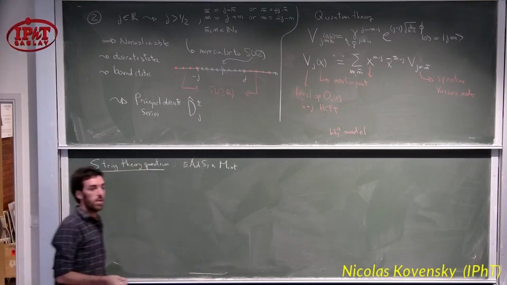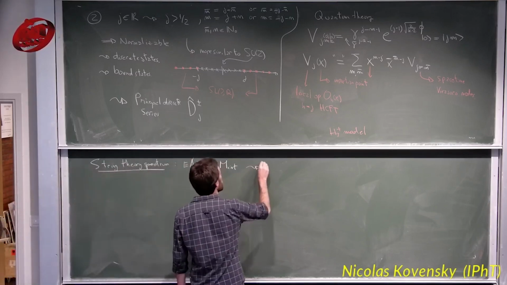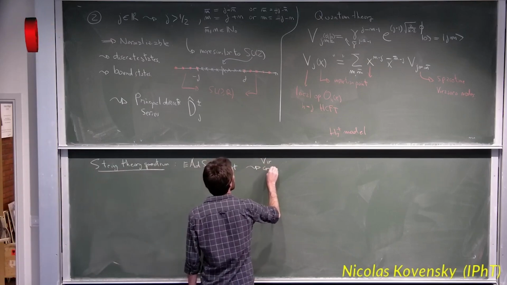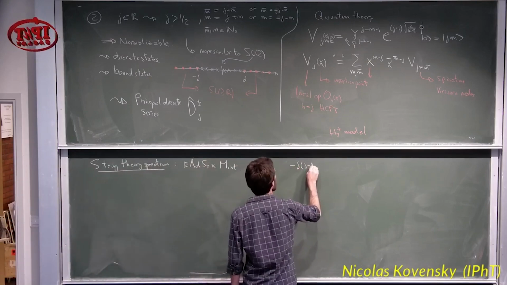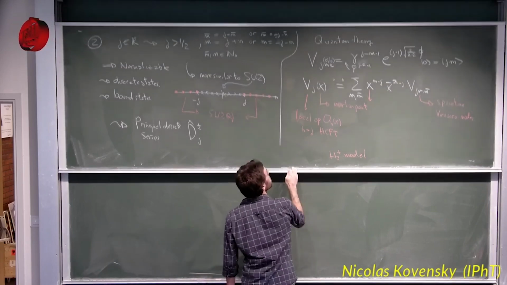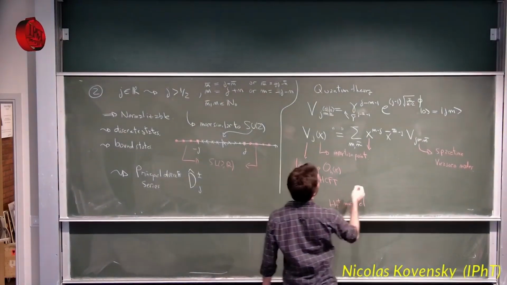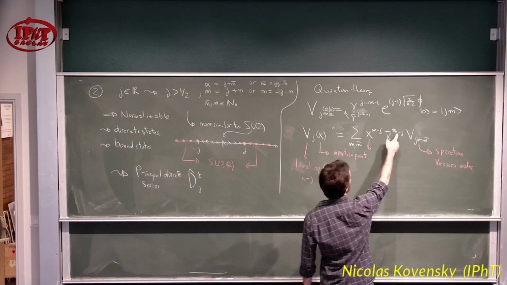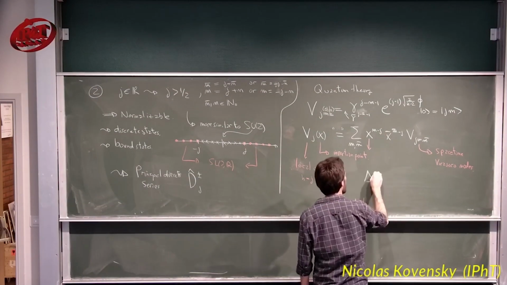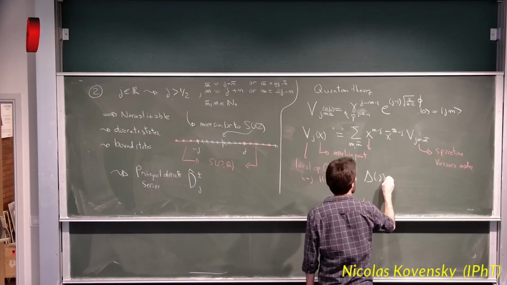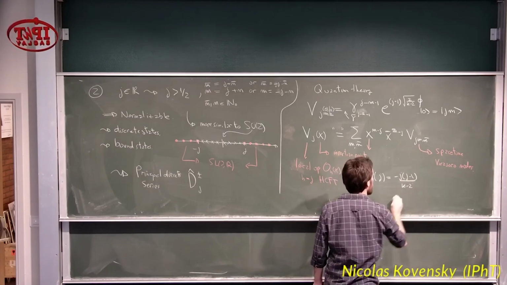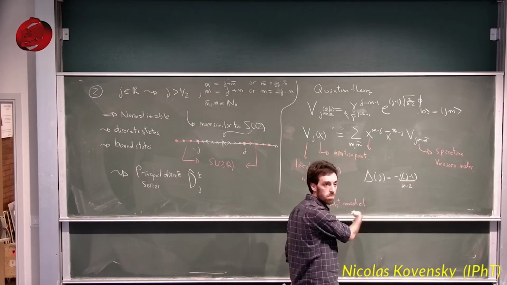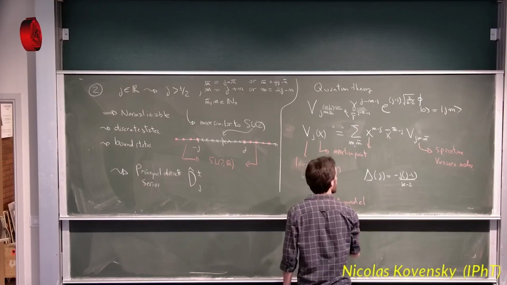And I need to impose the Virasoro condition. So the Virasoro condition looks something like this. If you work with any of these states for any value of M, in all cases you get that the weight depends only on J, and it looks like this, which is the quantum version of the mass in the Laplacian equation.